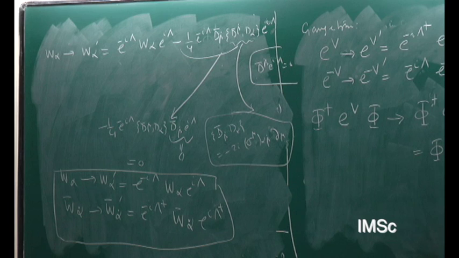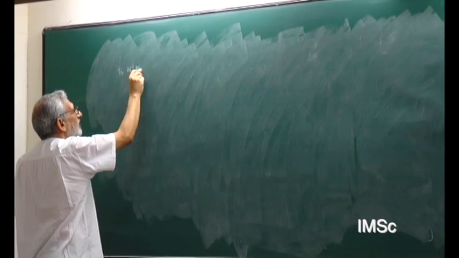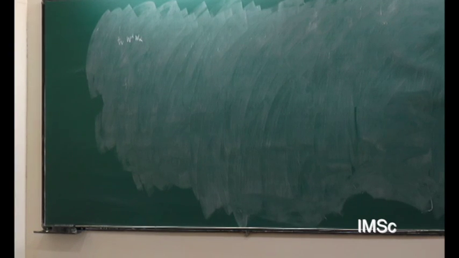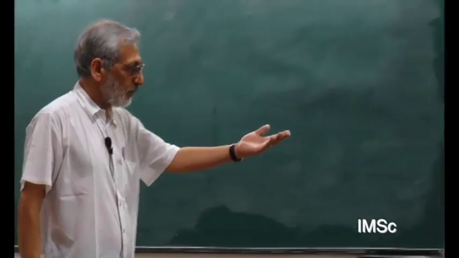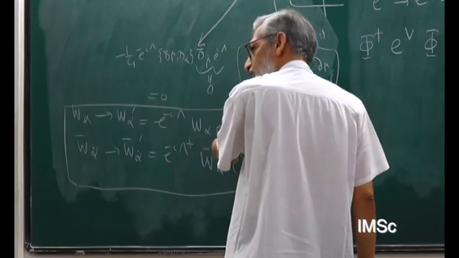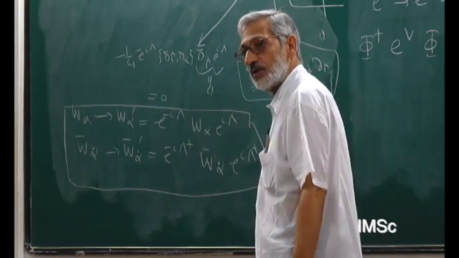So now that I know the transformation properties of the W superfield, let me now list. I can take the trace of W alpha, that would be gauge invariant, because I will multiply these two W's, in between this will go away and the trace will take away what is on this.